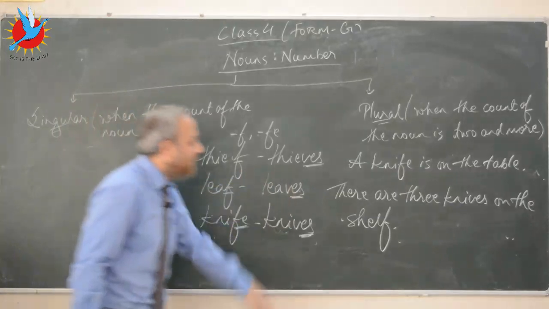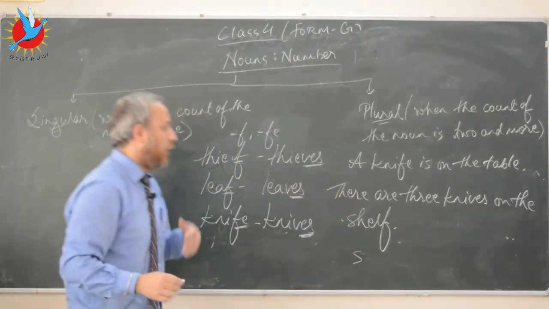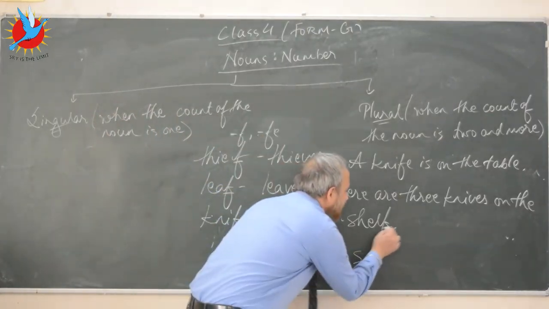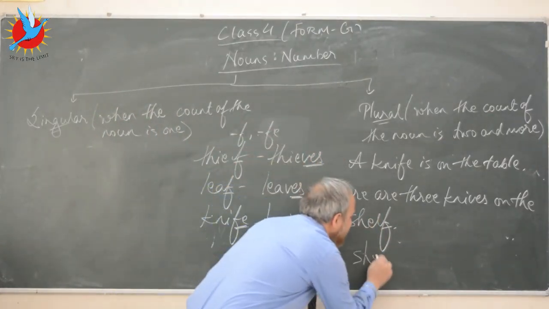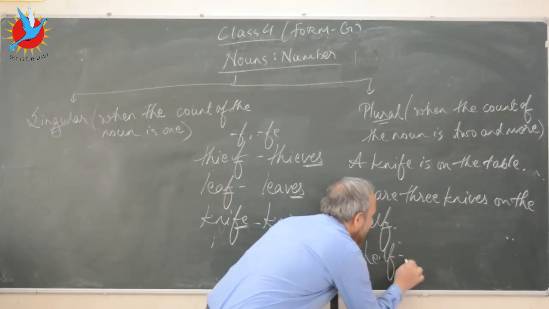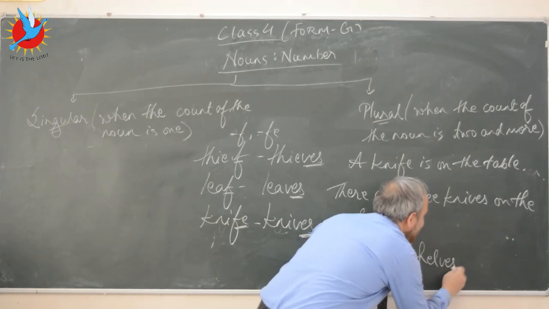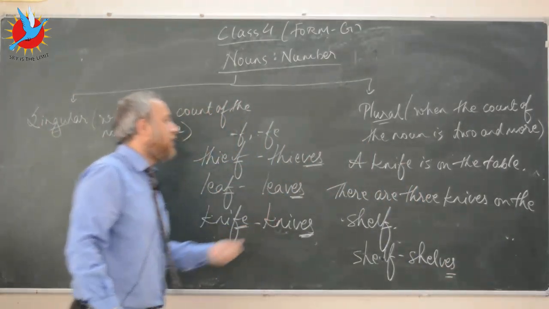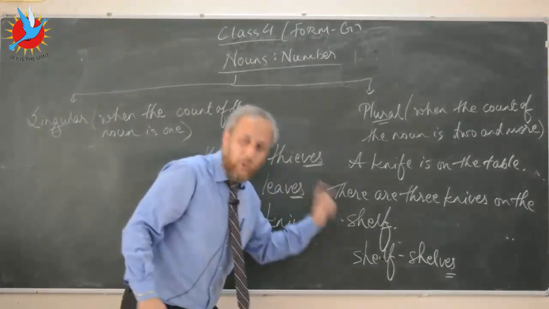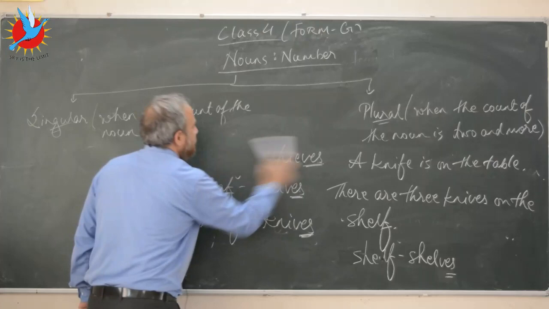If I want to make shelf plural, the same rule is applied. Since this word ends with the letter F, shelf will become shelves. So this is one way of changing singular nouns to plural nouns. Do remember that. There are other ways as well.